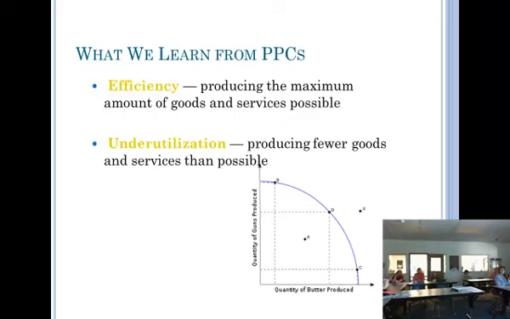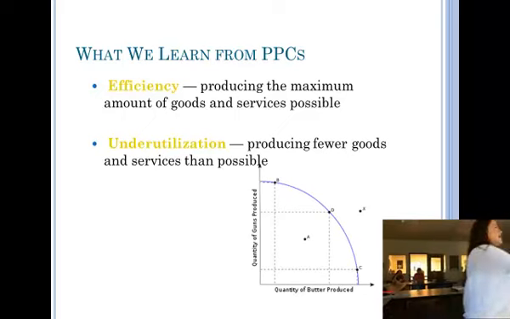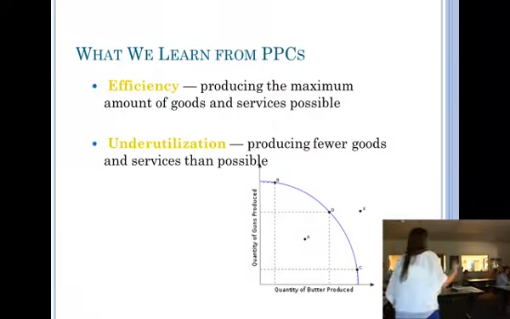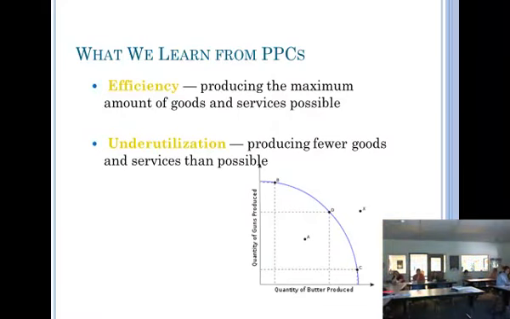Efficiency, the whole goal of this economic concept, is that you're going to produce the maximum of goods and services that you possibly can. If you are not doing that, you are underutilizing your labor, your capital, whatever it is. Make sense?